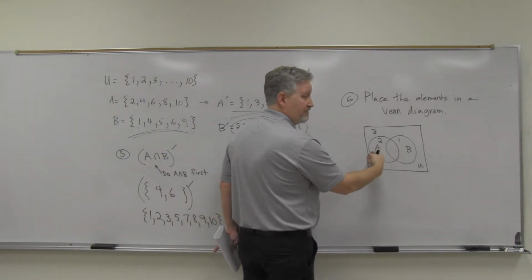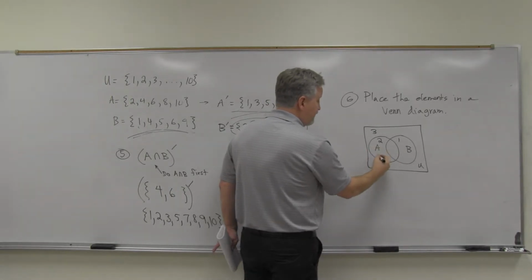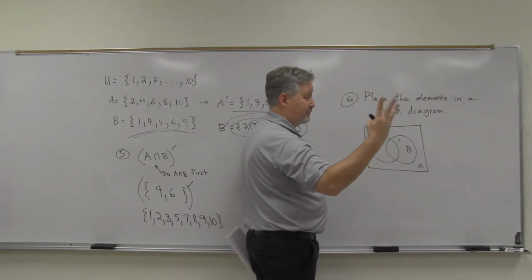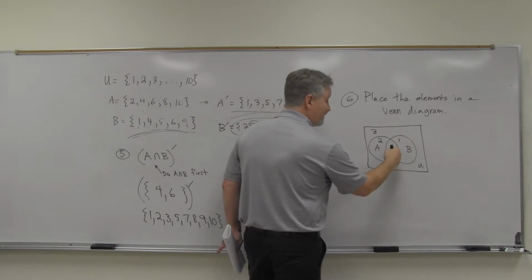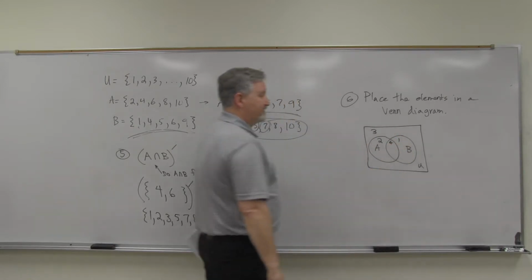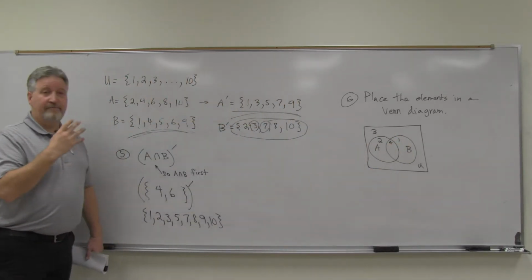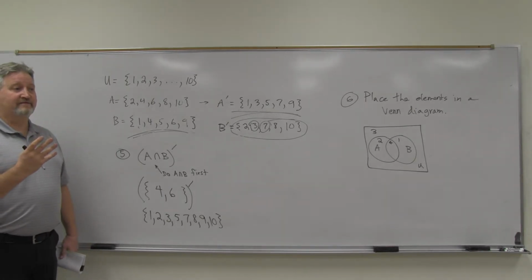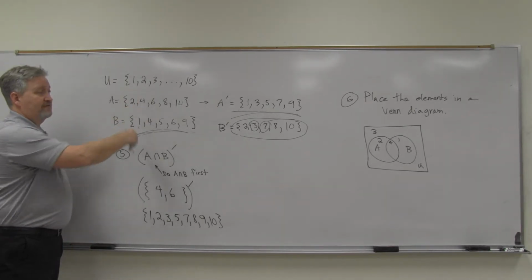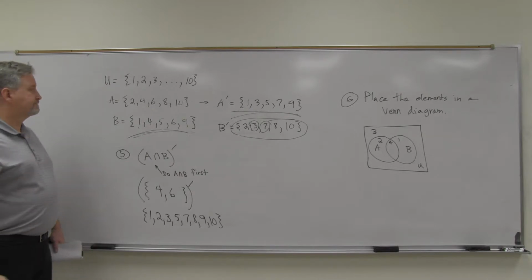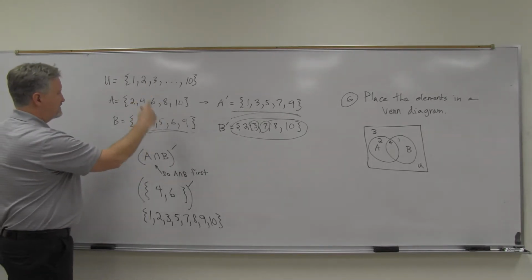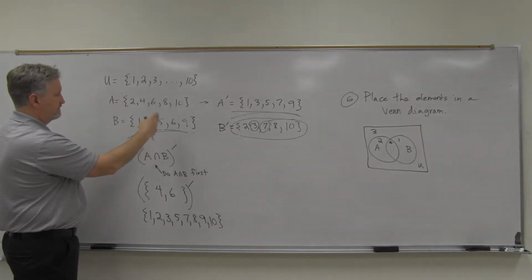It's got to go in both of them. I can't put it here and here. Like I said, each element only goes in one spot. It's got to go right in the middle. That middle part is in both A and B. So if I've got one that's in both A and B, that's where it's got to go. And that's the 4 basic things that could happen.